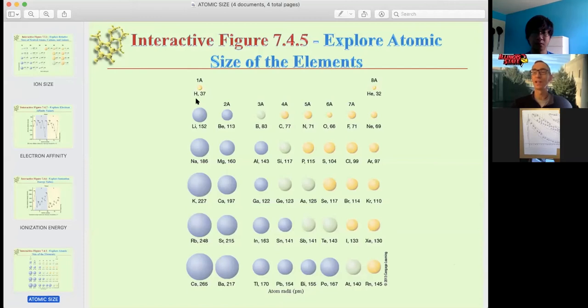And we just said that helium should be bigger or smaller? Helium should be smaller. So we look over here at helium, and we see it at 32. Pretty sweet. So this transition from hydrogen to helium, the helium atom is smaller than the hydrogen atom. So far, so good?